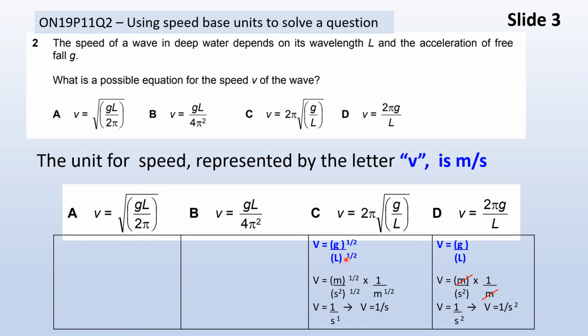Here for g, meters per second squared, I apply the exponent 1 over 2. Now length is on the denominator, so I will place 1 over m, with 1 over 2 right here.